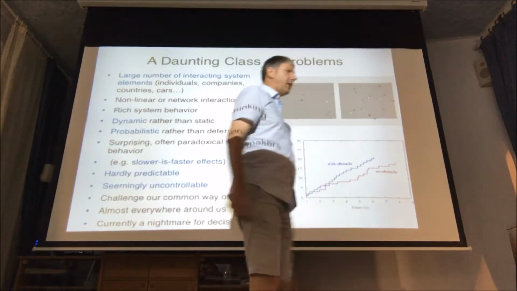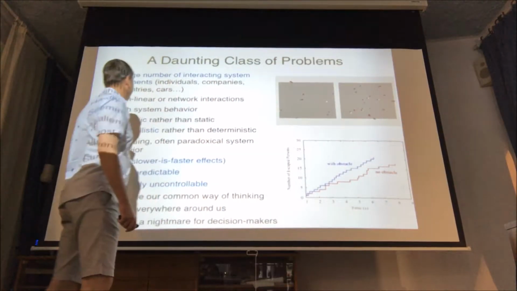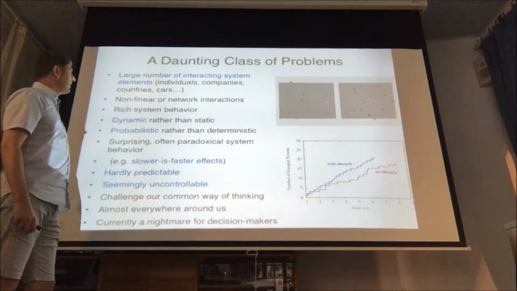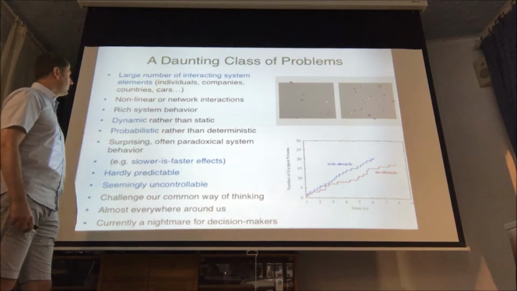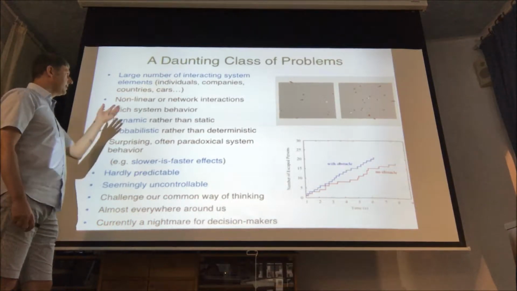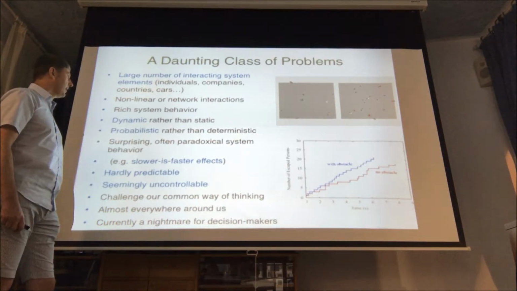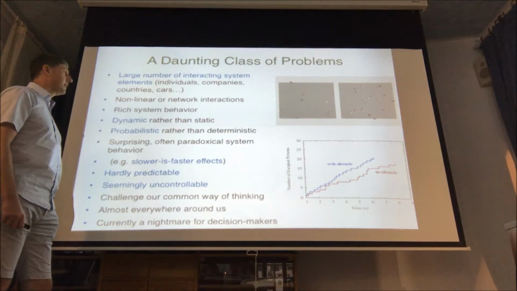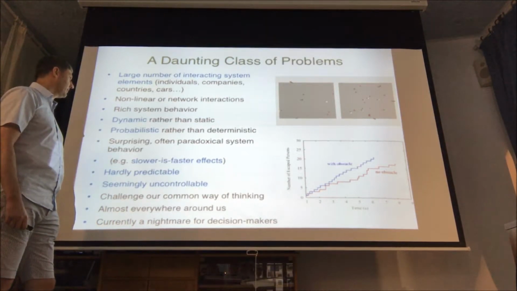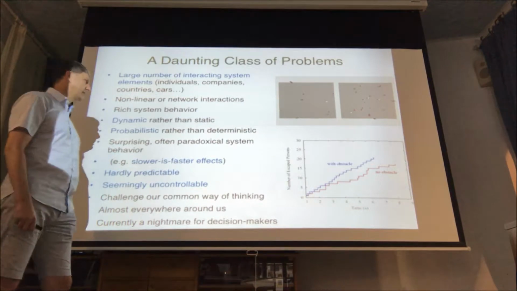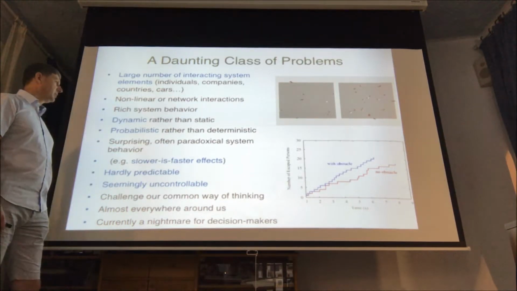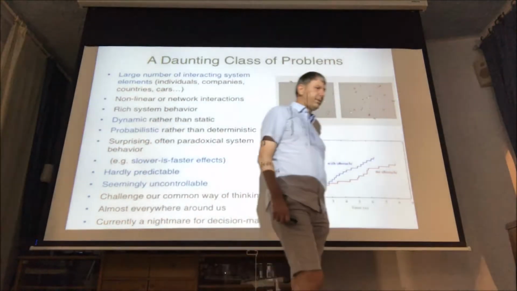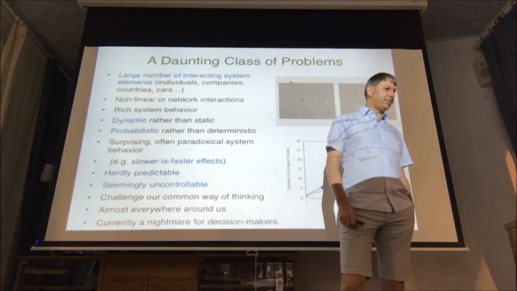Complex systems are a daunting class of problems. They are characterized by a large number of interacting system elements, with nonlinear or network interactions. There's typically a rich system behavior. They behave dynamic rather than static, probabilistic in many cases rather than deterministic, and often show surprising or even paradoxical behavior.